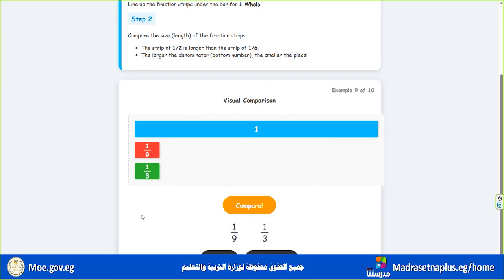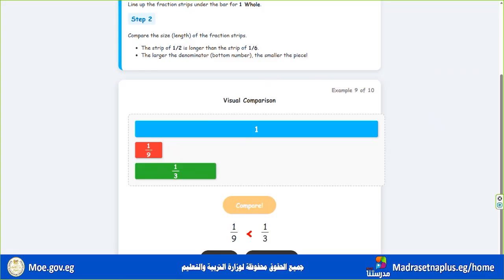Now 1/9 and 1/3. This is not 9 and 3. I know 9 is bigger than 3, but 1/9 is not greater than 1/3. You should differentiate between 9 and 3, ninth and third. Now you can see 1/3 is greater than 1/9, or 1/9 is smaller than 1/3.